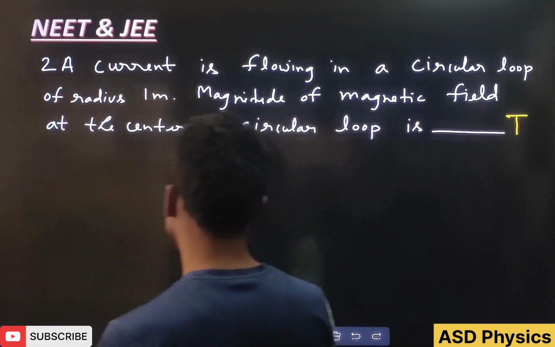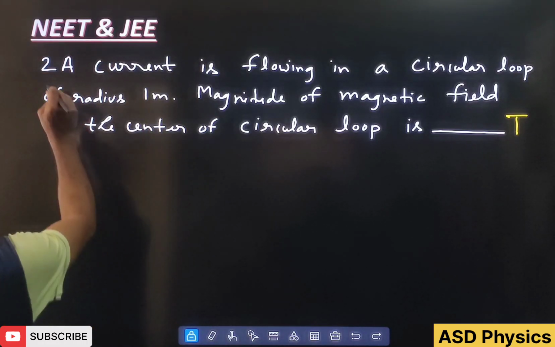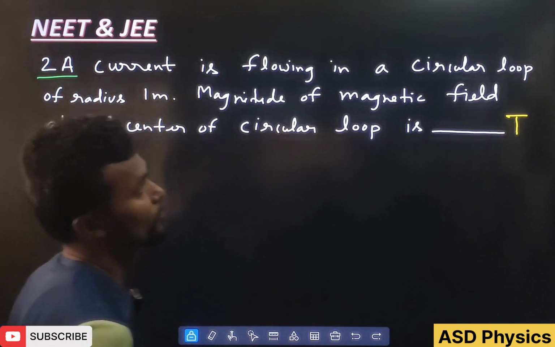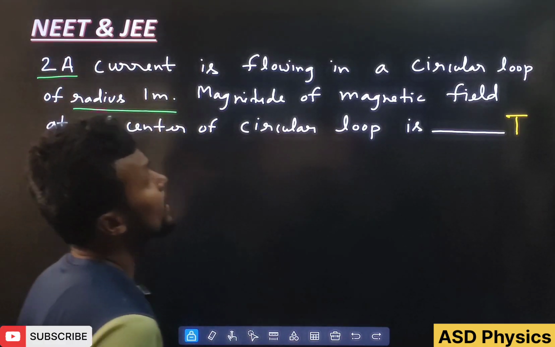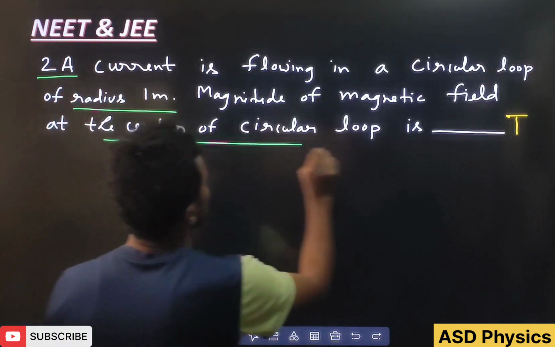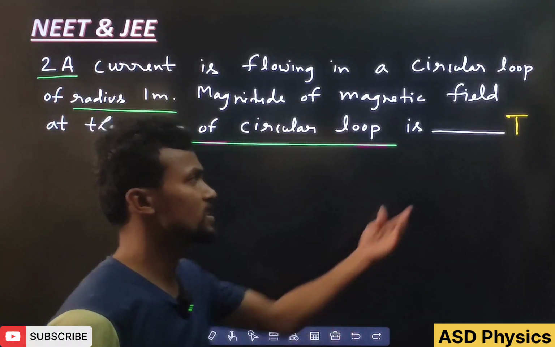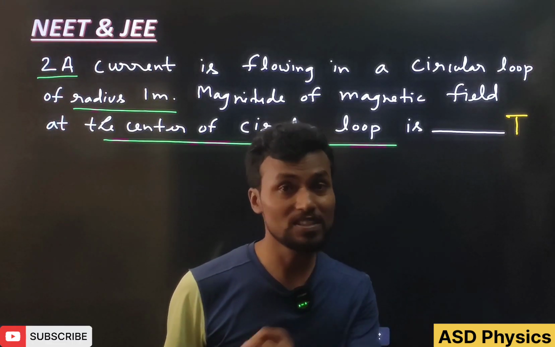Okay, now let's see, this question is there, because question used to come in the exam. What is the question? See, 2 ampere current is flowing in a circular loop of radius 1 meter. Magnitude of magnetic field at the center of circular loop will be how much here? In Tesla, because SI unit of the magnetic field is the Tesla, CGS unit Gauss, is it?